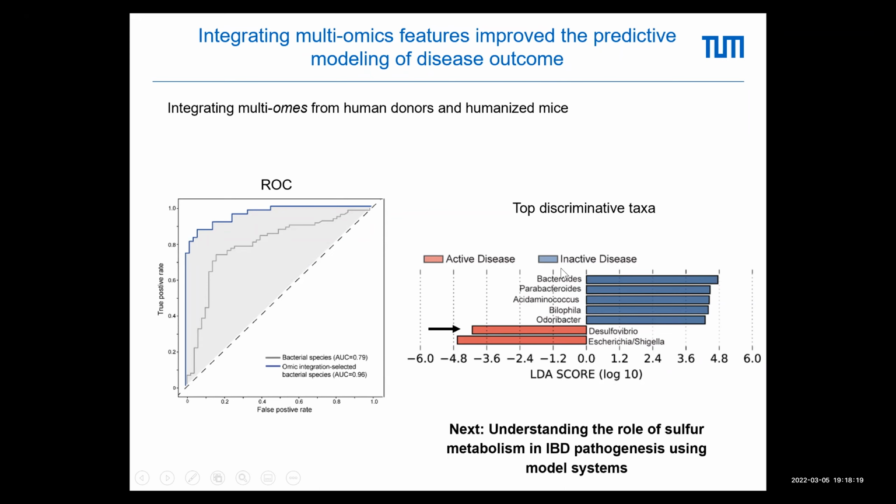However, now when we integrated all these data sets from humans and humanized mice, we could actually reach an accuracy of 96%. And we identified this set of taxa, including Desulfovibrio and E. coli, as the top taxa based on all these data we had integrated in humans.